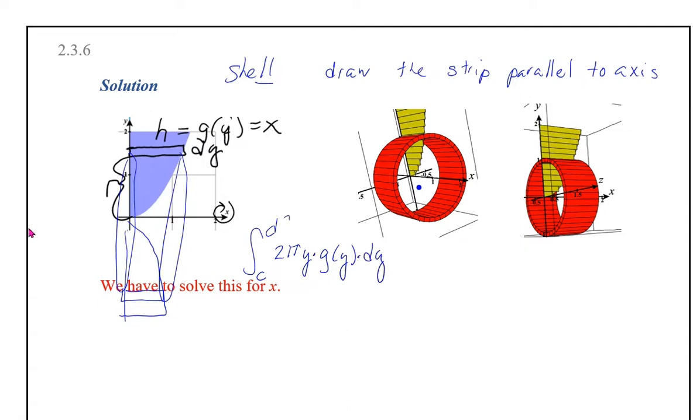Remember that this represents 2 pi r times h times the thickness, in our case, the thickness with respect to y. We need to know from what y value to what y value to make the limits of integration. Looking at the picture, where's the first box or thin strip?